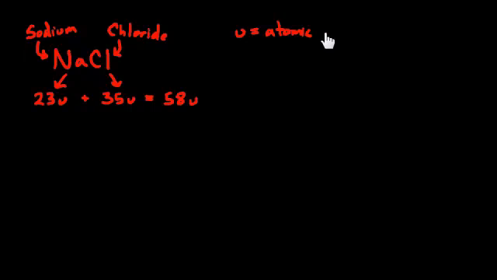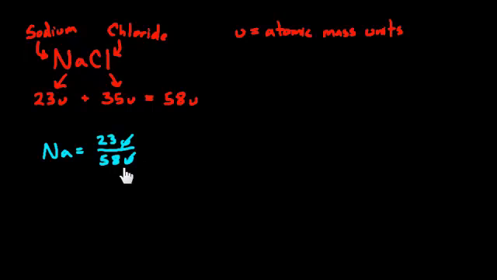So now that I have the total atomic mass units, I can try to figure out what proportion is from the sodium and what proportion is from the chloride. So for the first part, the sodium, I can simply take the 23 units over the 58 unit total, and the units cancel out, and that works out to about 40%.